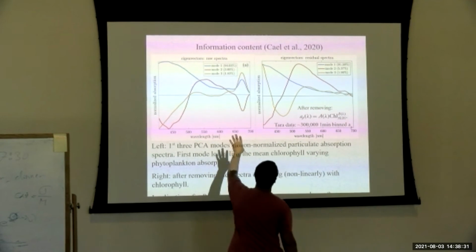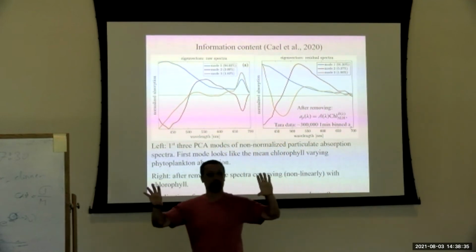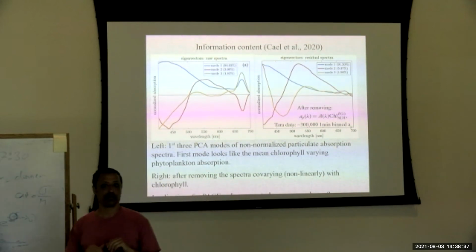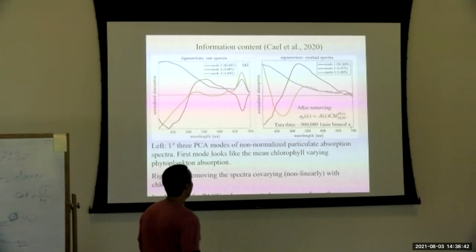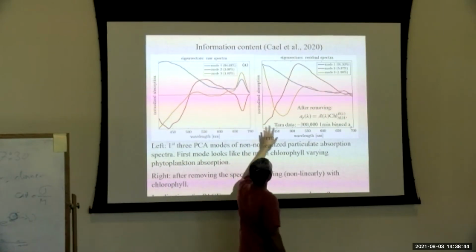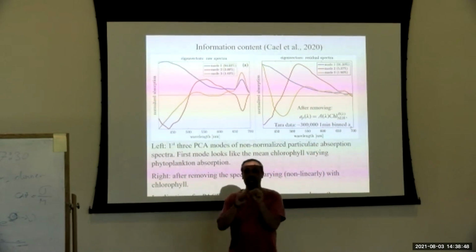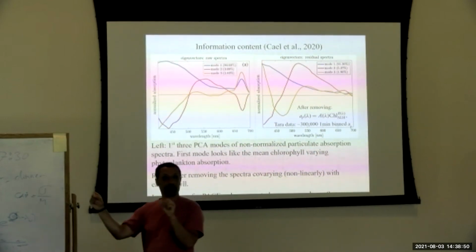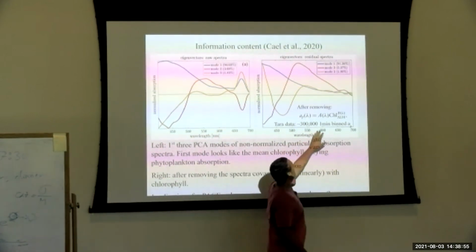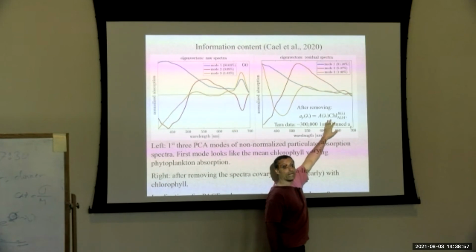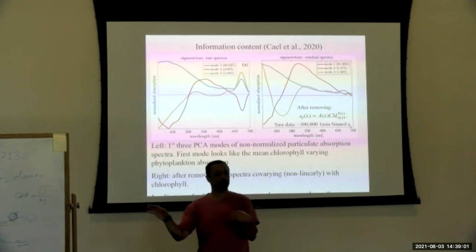But the next step we did is to remove from every spectrum a chlorophyll-based AP. A chlorophyll-based AP was basically taking all these spectra, first those and many others, and seeing how they correlate with chlorophyll, and then removing that in a nonlinear fashion, because we know that spectra do change with the magnitude of chlorophyll, from our AP spectrum.